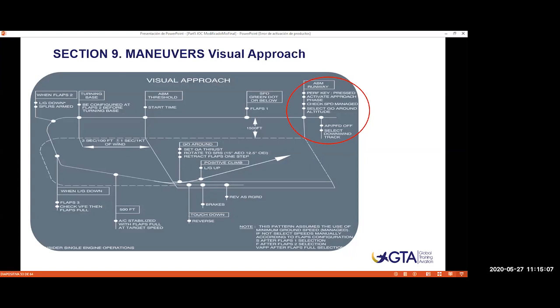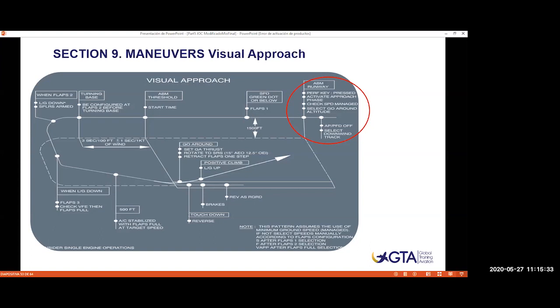Then you have to manage speed, select go-around altitude, and select track, because you are going to do this maneuver in track mode with something we are not going to see here because it takes a little bit longer, which is the bird. We are going to use the bird for visual approaches.